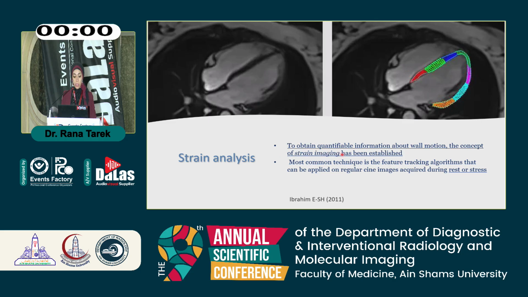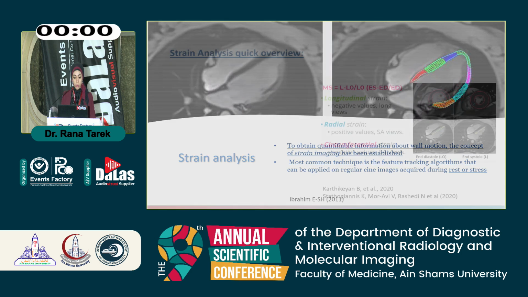To obtain quantifiable information about the wall motion, the concept of strain imaging has been established, and the most common technique is feature tracking. Like in this case, we acquire the cine images, and on the regular cine images, I can apply additional post-processing feature tracking strain analysis with no need for re-imaging the patient.